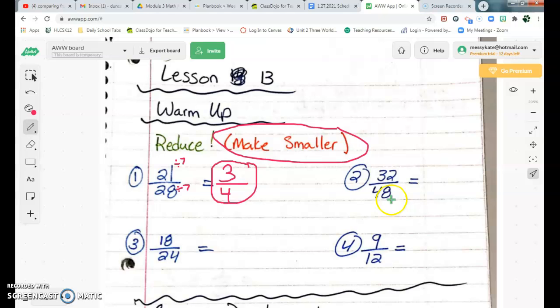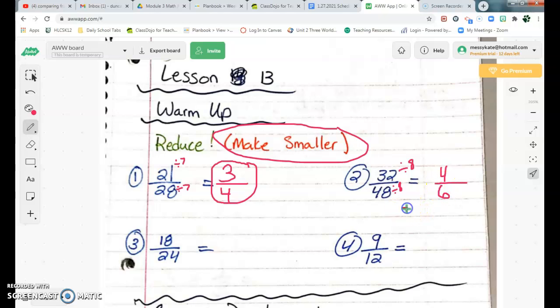Going over here to number 2. What number can go into 32 that can also go into 48? Well, I know just by my multiplication facts that 8 can go into 32 and 8 can also go into 48. I know that 32 divided by 8 is going to get me 4, and I know that 48 divided by 8 is going to get me 6.